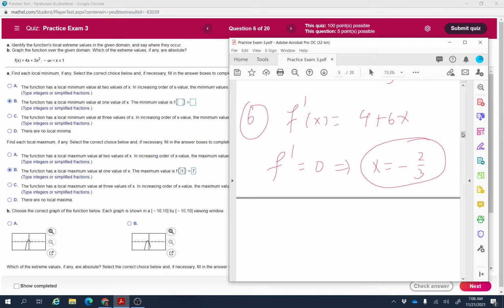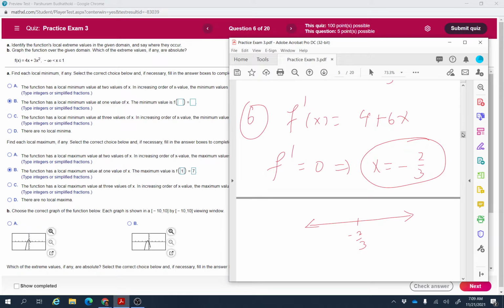We want to find where the function is increasing or decreasing, or where the function has a local max or local min. So we have two different kinds of tests. One is the first derivative test, where you find the critical number and check on the left side and on the right side of that critical number what happens to the derivative.